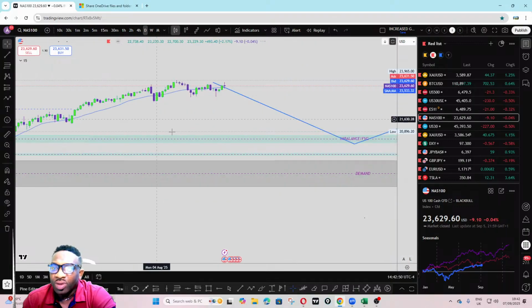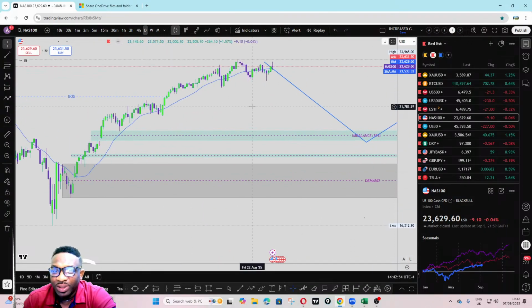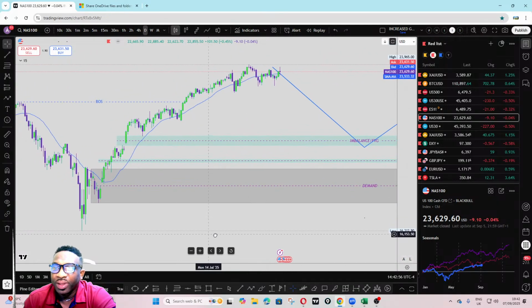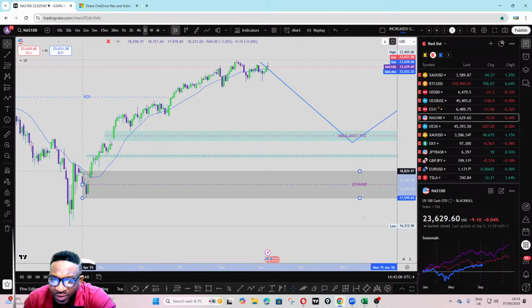If we want to further refine these zones that we've marked on the weekly, we can do that. This is the area that I marked on the weekly, so we can further refine it to this last indecision candle here. Instead of having that wide area, we can just draw it onto that particular candle.